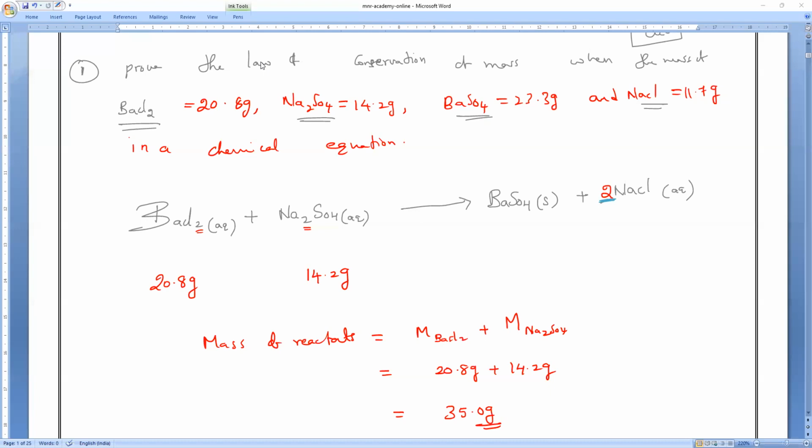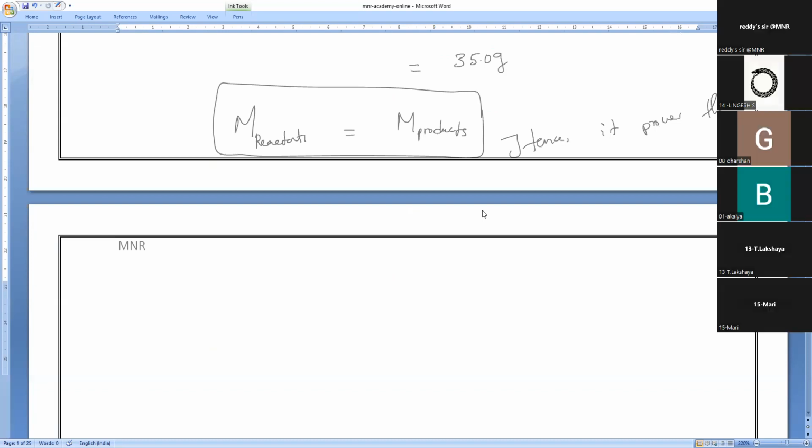Released in the reaction when 6.3 grams of sodium bicarbonate. 6.3 grams of which compound, everybody? Sodium bicarbonate. Sir, what is the formula for sodium bicarbonate? NaHCO3. Sodium bicarbonate, or we can say sodium hydrogen carbonate.